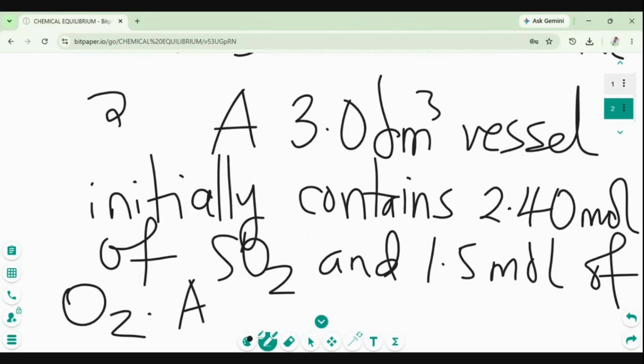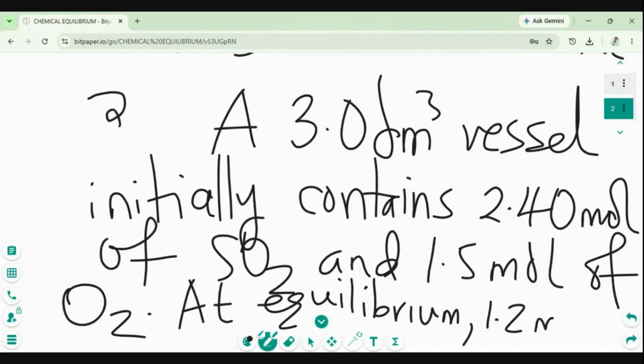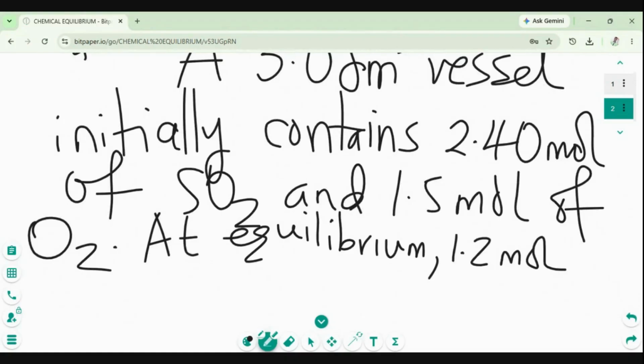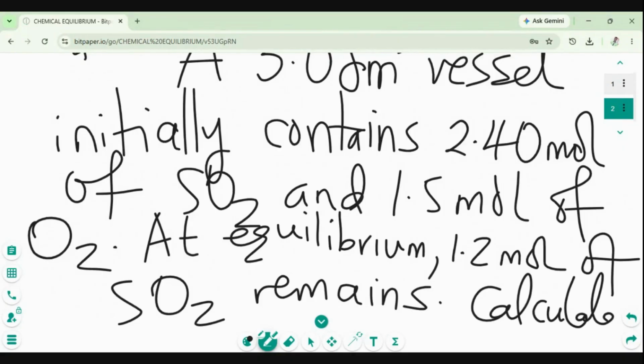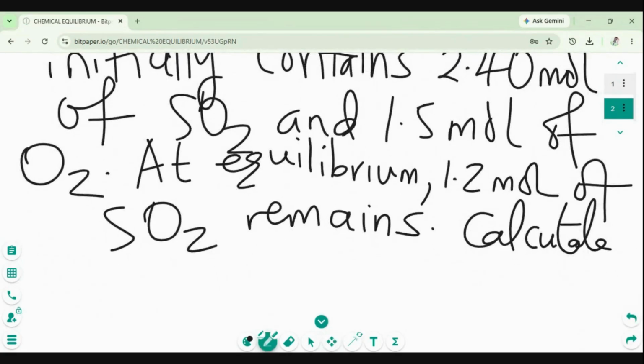At equilibrium, 1.2 moles of sulfur dioxide remains. Calculate the Kc.